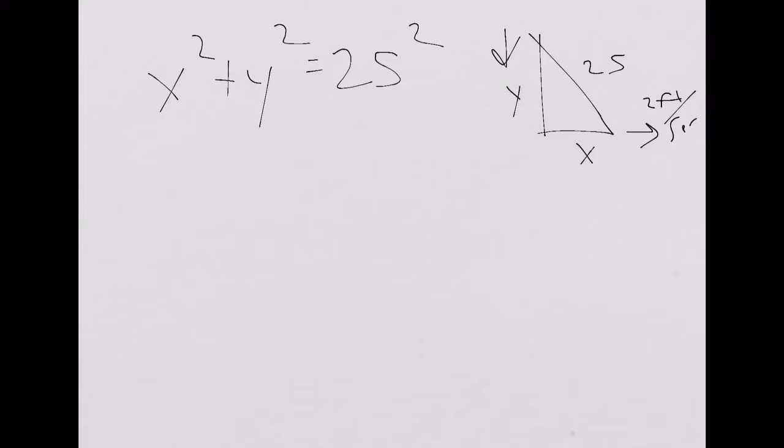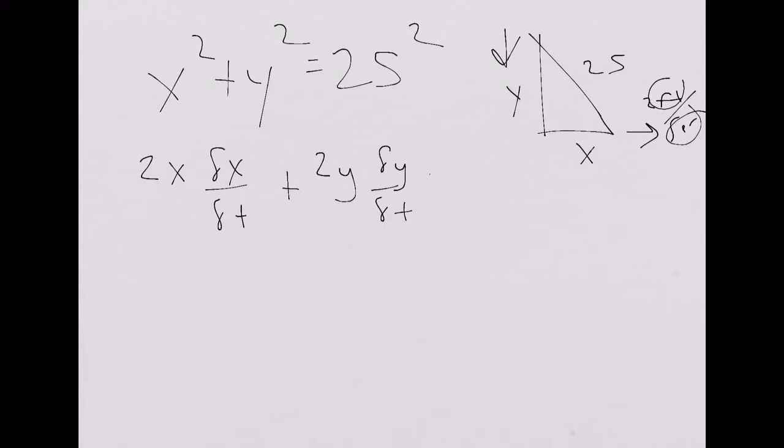If I was taking the derivative of this, I would have 2x dx/dt, because again it's distance per time. And then my next one would be 2y dy/dt. Now what's the derivative of 625? It's a constant, right? So the derivative of a constant is 0.